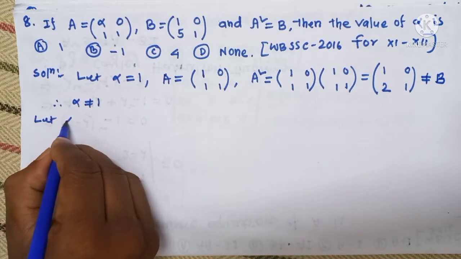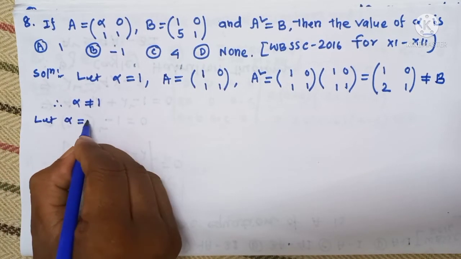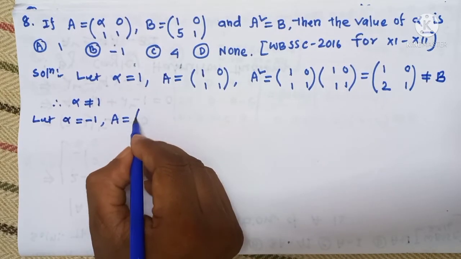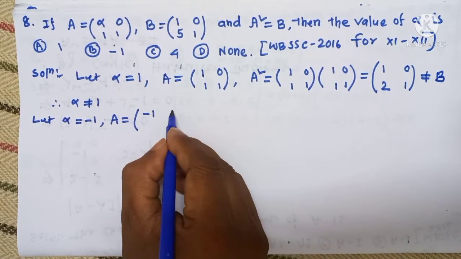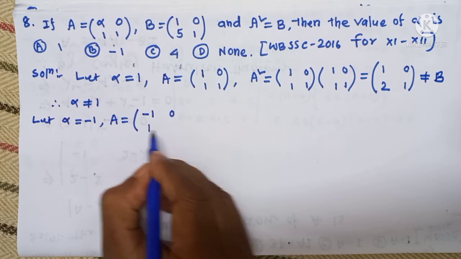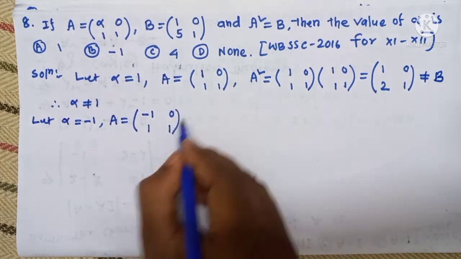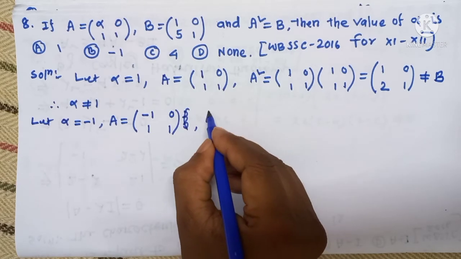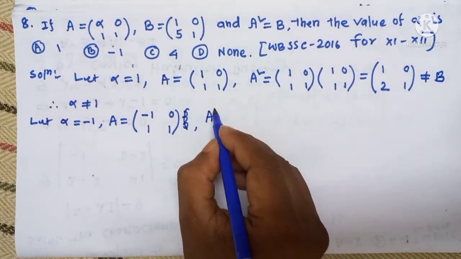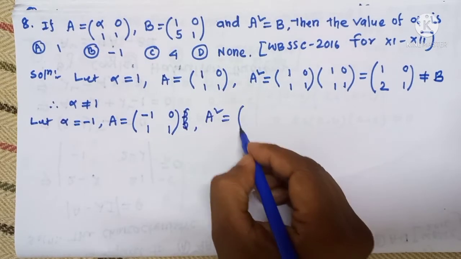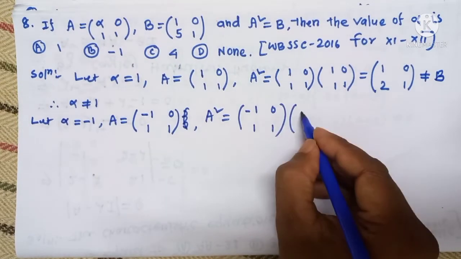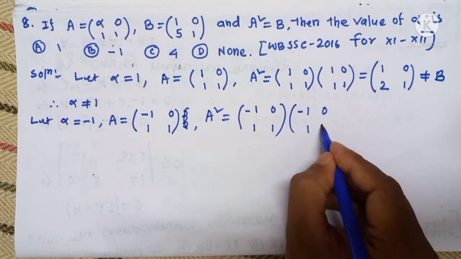Let alpha equal to minus 1, then A equals minus 1, 0, 1, 1. A square equals minus 1, 0, 1, 1 into minus 1, 0, 1, 1.